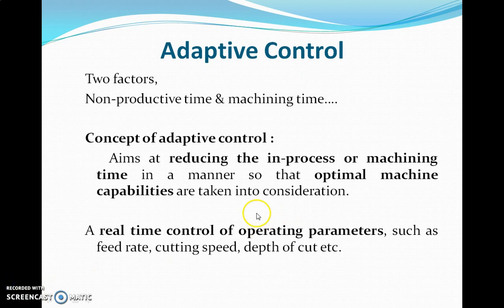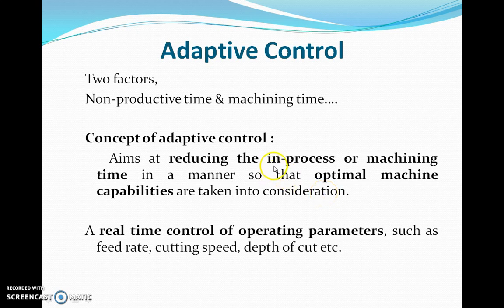As you can say, there are two factors: productive time and non-productive time, and machining time. So the concept of adaptive control comes into place, which aims at reducing the in-process or machining time in a manner so that optimal machining capabilities are taken into consideration.